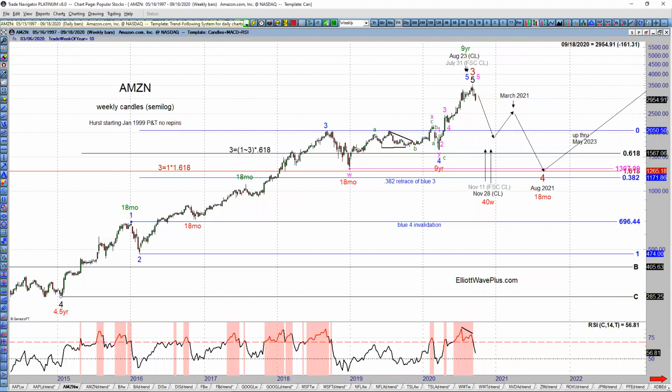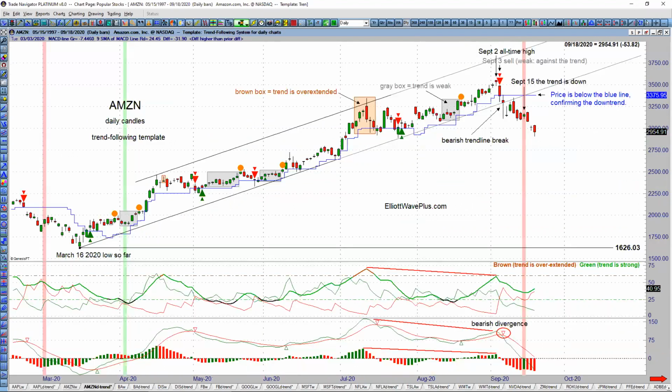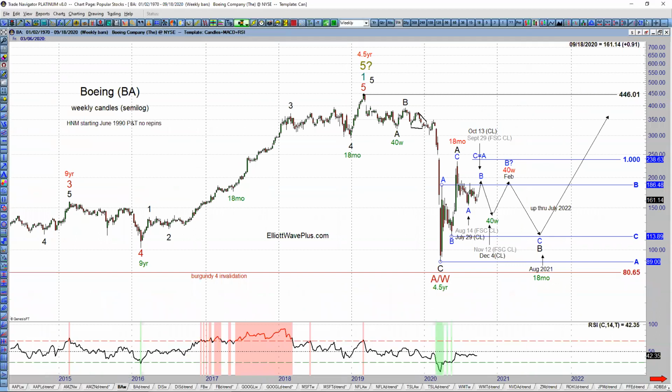Amazon looking lower into the fourth quarter next. I think a large cycle top is in. The trend changed to the downside on Tuesday of last week on Amazon. Boeing having been beaten down very hard, still has the potential of more of a sideways trajectory.